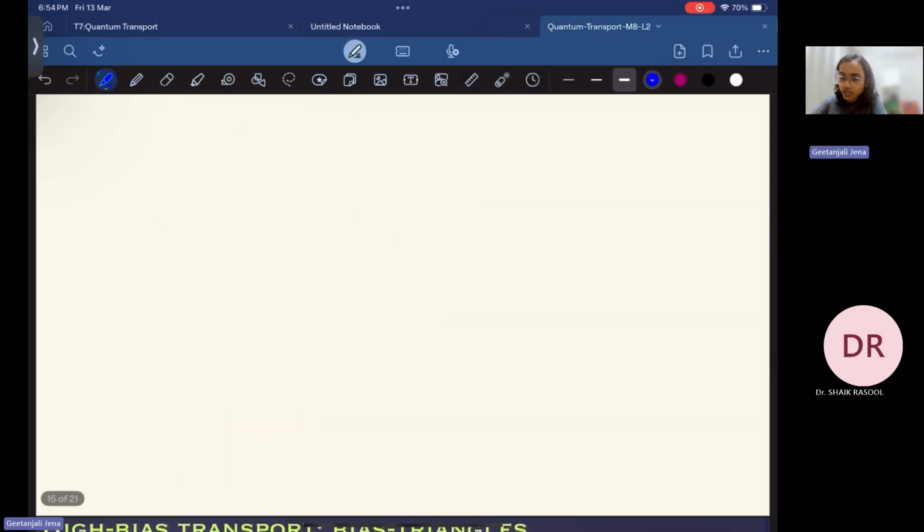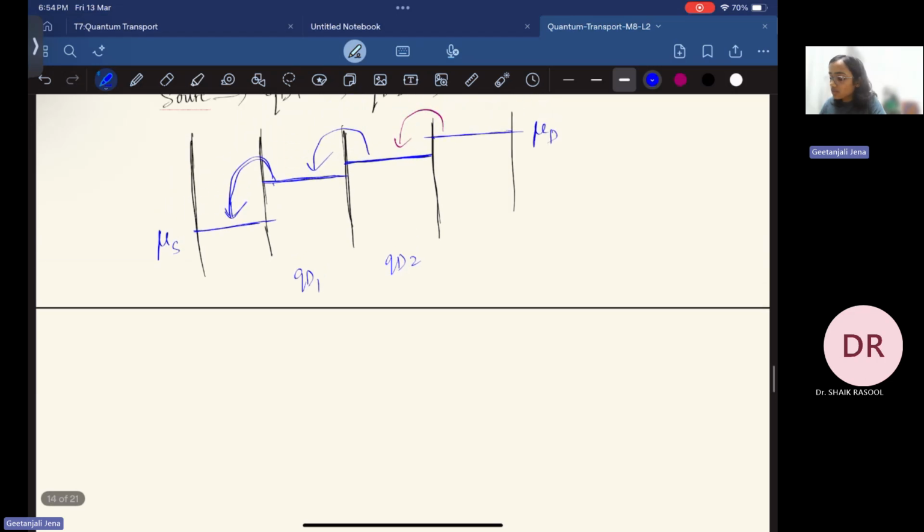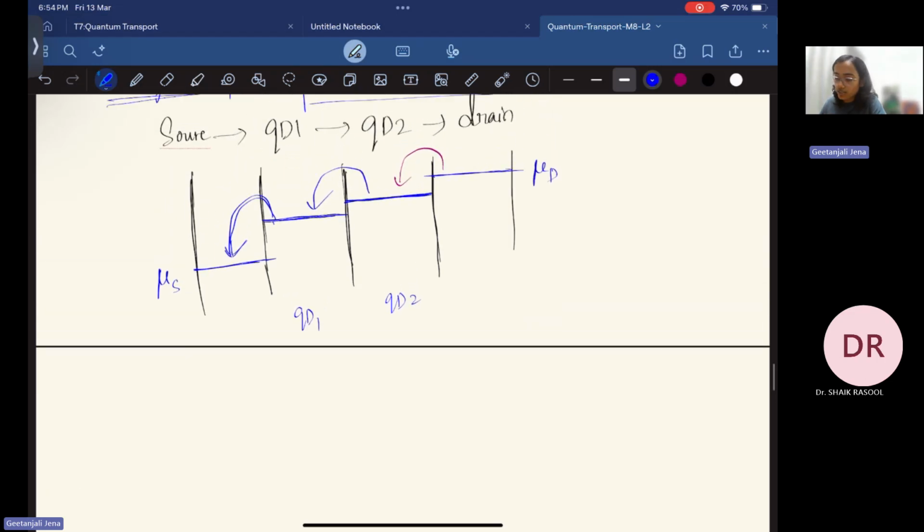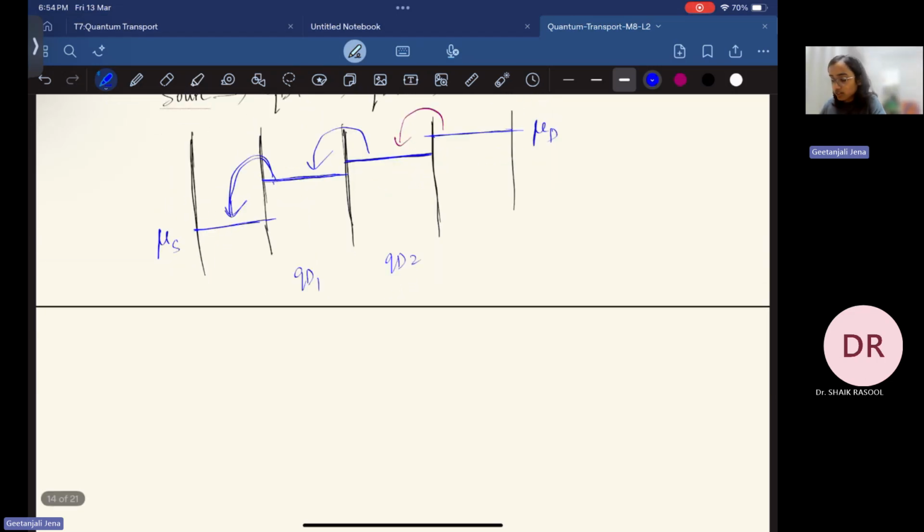In the lower bias case, there is no such condition, because if you recall, all these points where we can see the charge fluctuation occur at the same value of gate voltage 1 or gate voltage 2. So even if we apply low bias, it's possible to see the charge transport if we apply the gate voltage which will occupy the charge triple point.